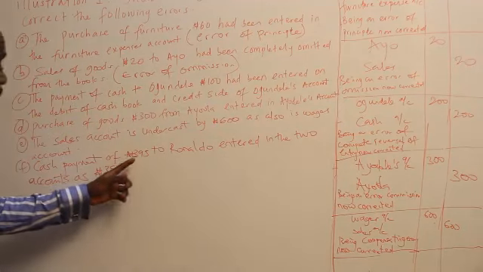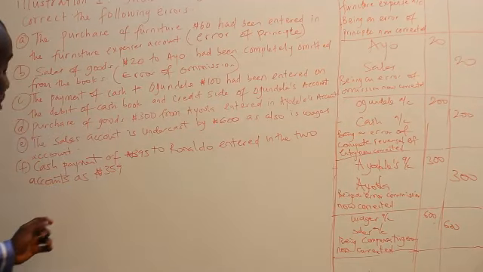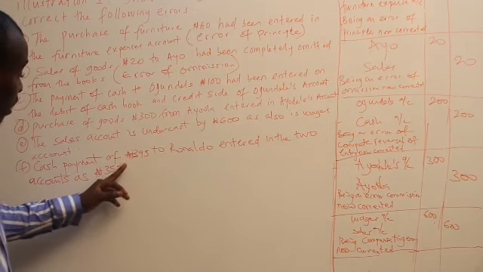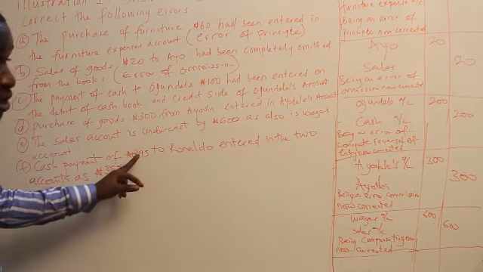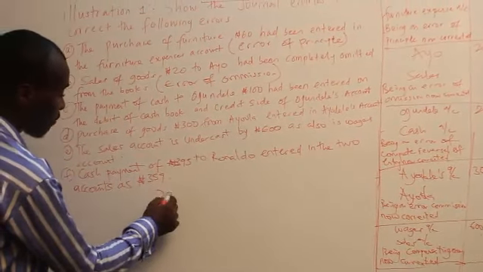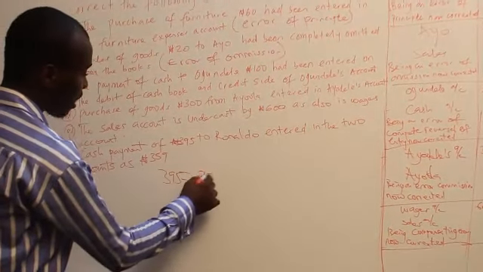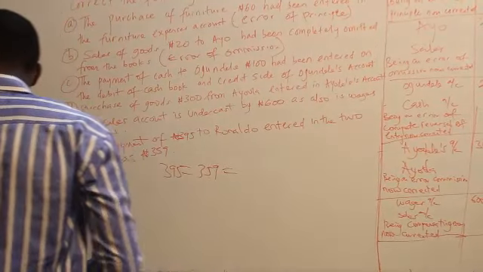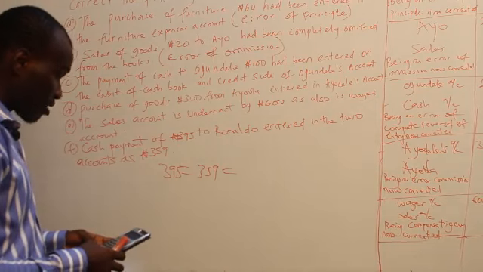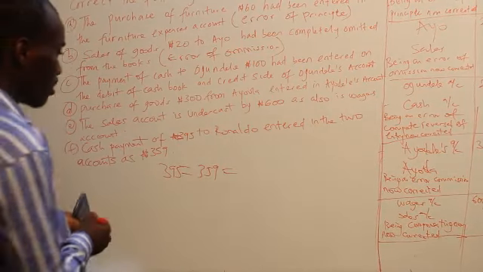We have to find the difference between the two amounts, and that will be the figure we have to add. Find the difference: 395 minus 359, so 36.